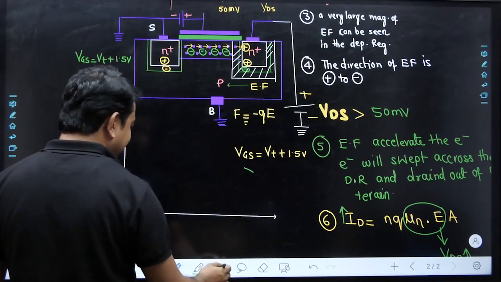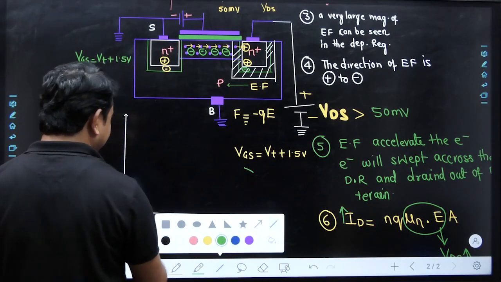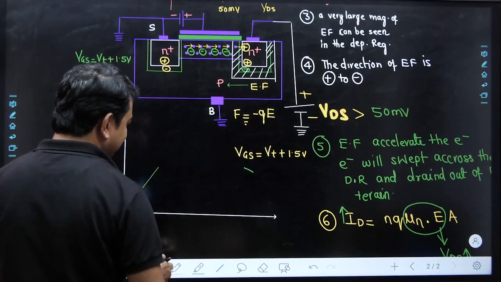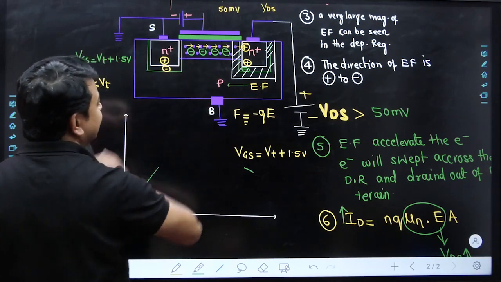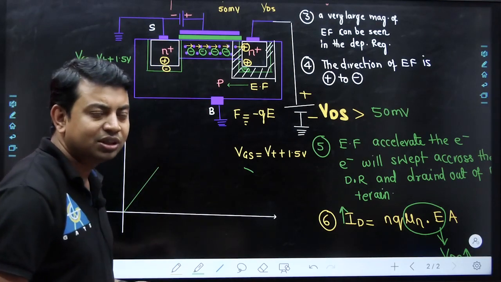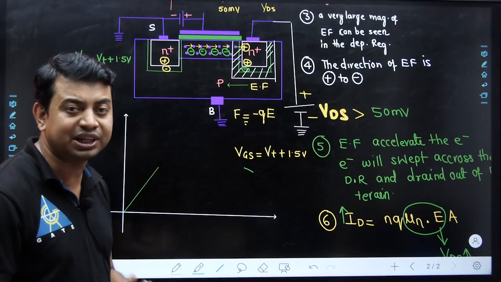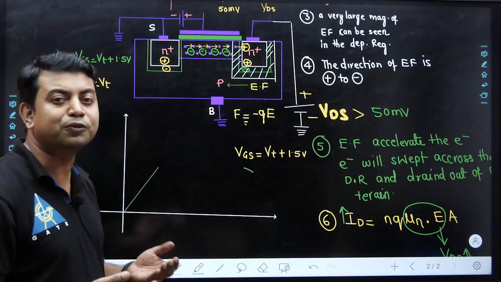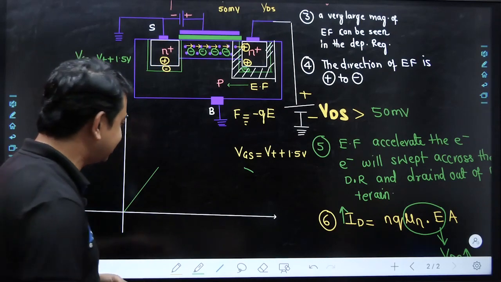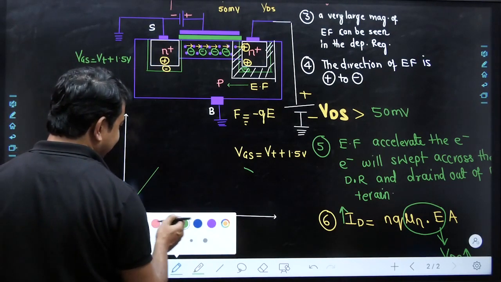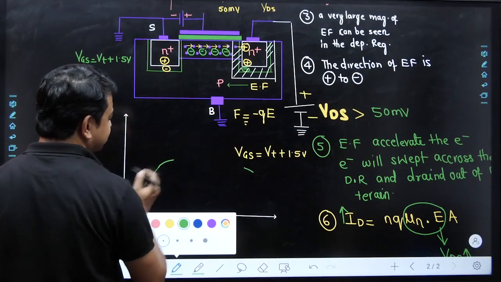So initially the magnitude of current is linearly increasing, and as we increase the VDS value, the conductivity of the channel is decreasing, because at the drain end, the electron concentration will decrease because of more presence of the depletion region. So if the conductivity is decreasing, the magnitude of current is also decreasing.